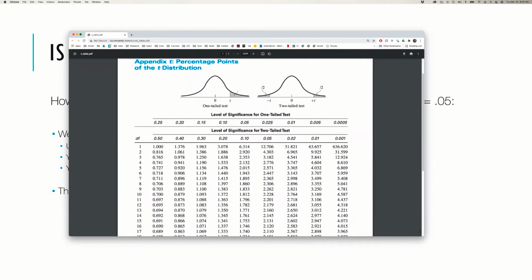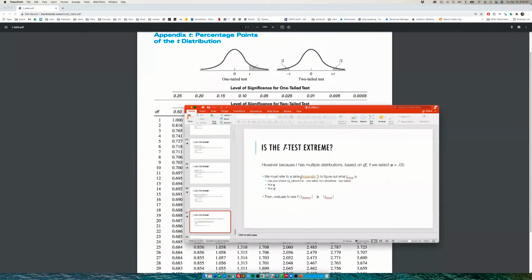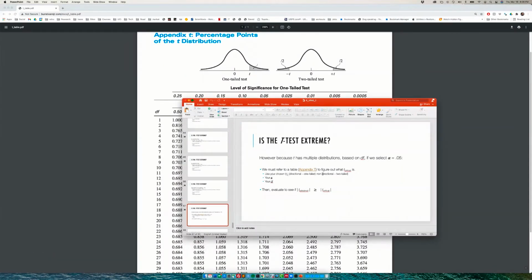Instead of having one set of rules, we have a bunch of different rules for different levels. We figure out if our hypothesis is non-directional or directional. We're going with two-tailed tests, so it's non-directional. Our alpha level, if I don't specify an alpha level, we know that our alpha is going to be 0.05, and then we figure out degrees of freedom.